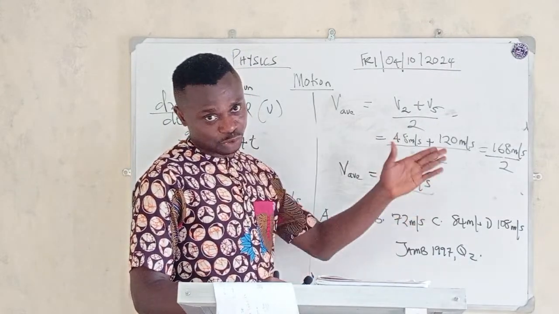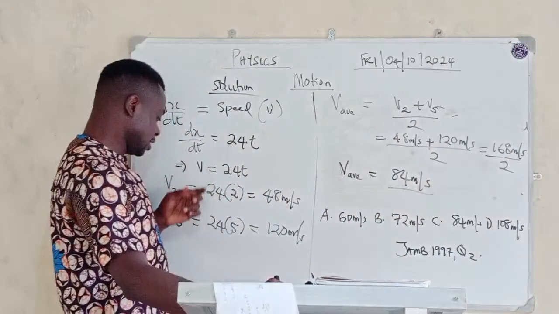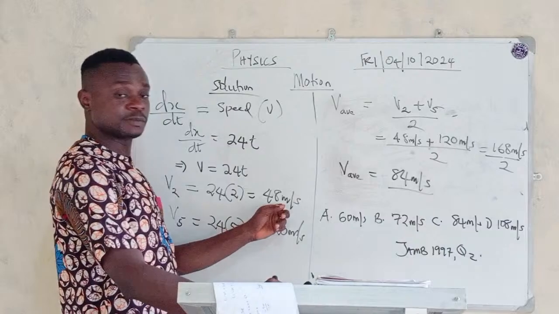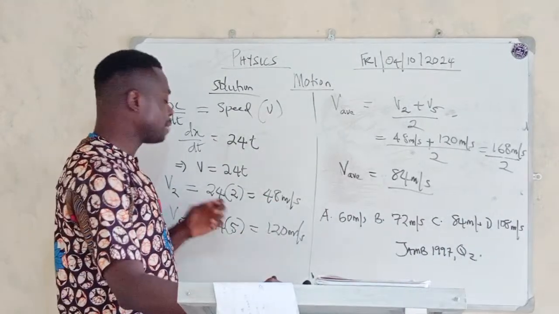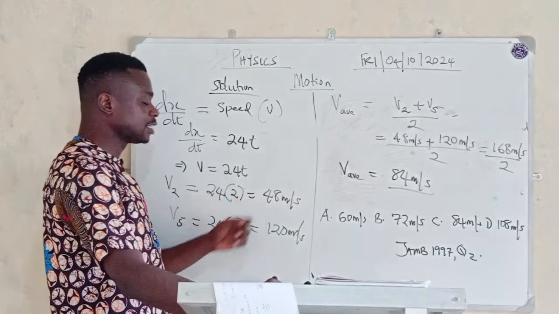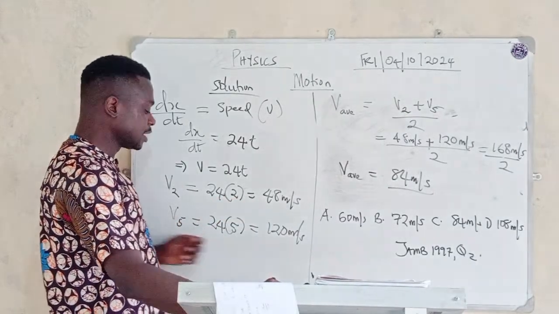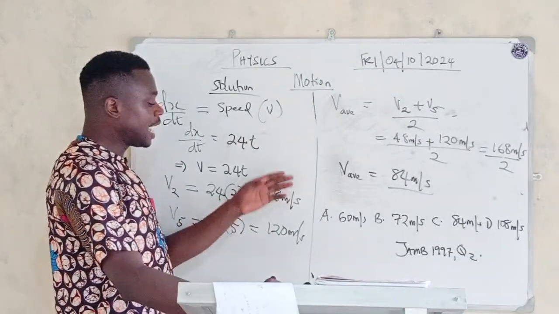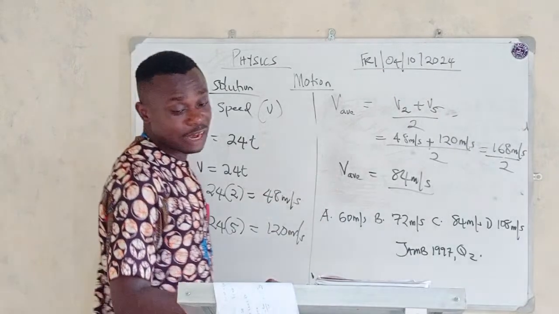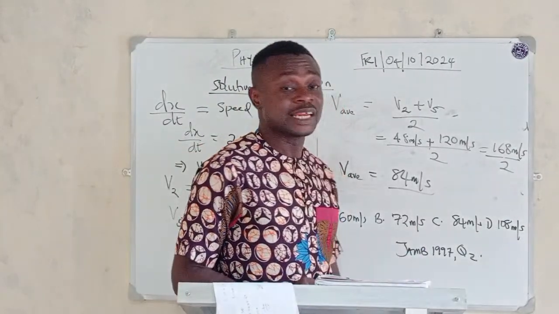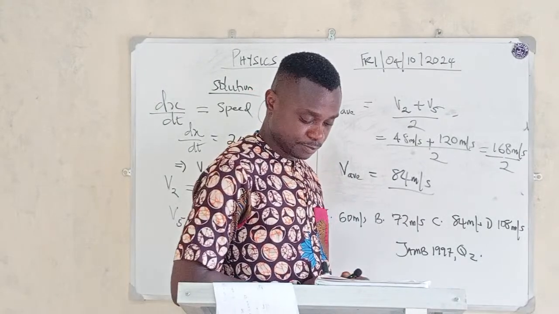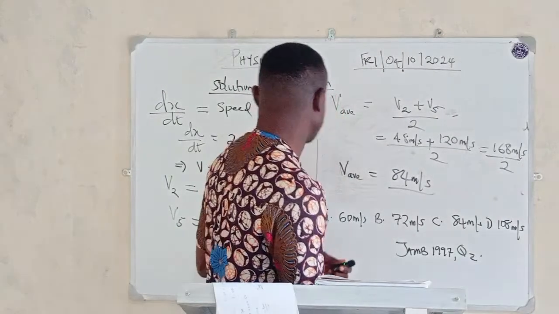When time is 2 seconds, this is the velocity. When time is 5 seconds, this is the velocity. So we now add the two of them and divide by 2. That is the average speed.